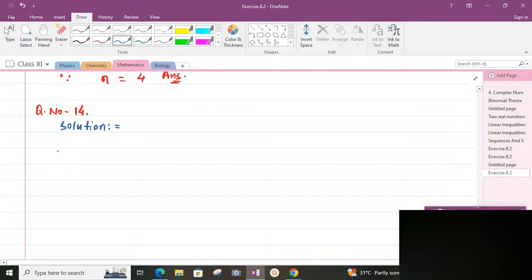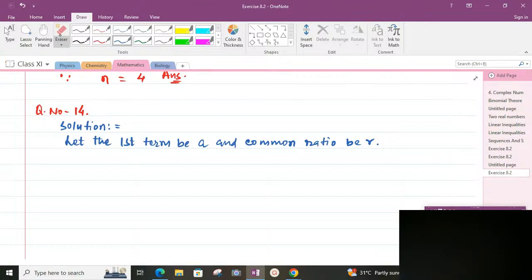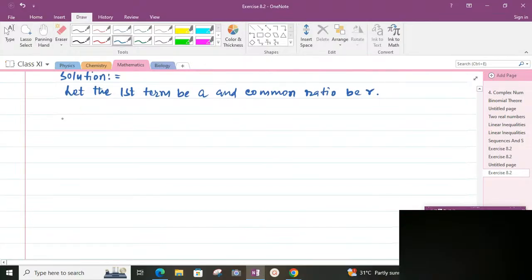Let the first term of the GP be A and common ratio be R. So according to the question, the sum of first three terms is given here.